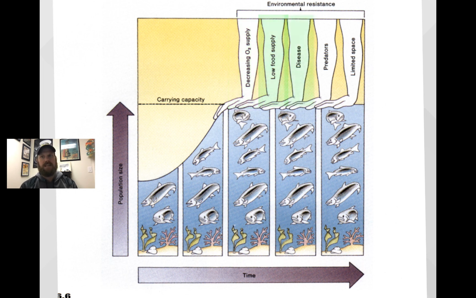More fish means disease spreads more rapidly. More fish means more prey for predators that feed on that fish. More fish means less habitat for the fish to find shelter and protection. These limiting factors determine the size of the population that can adequately survive in that ecosystem, otherwise known as the carrying capacity.